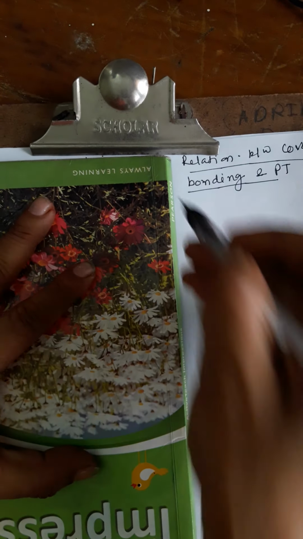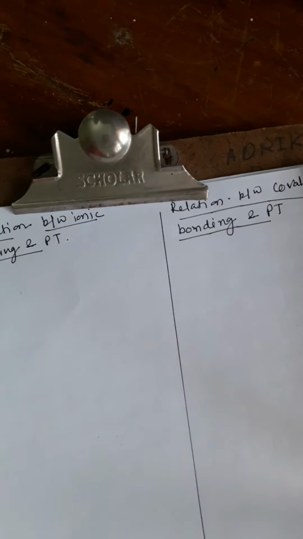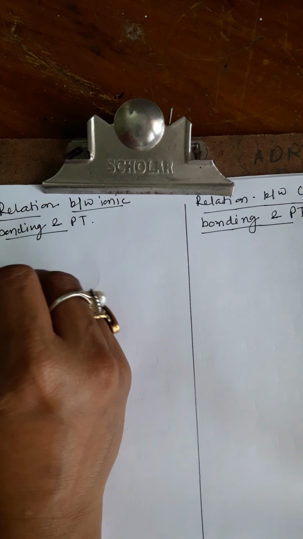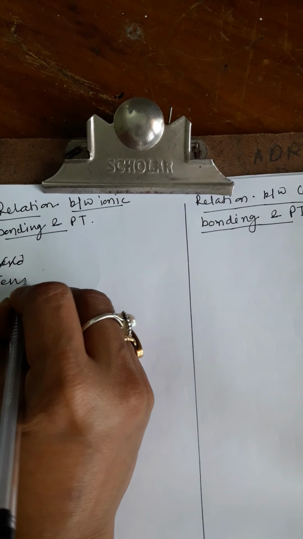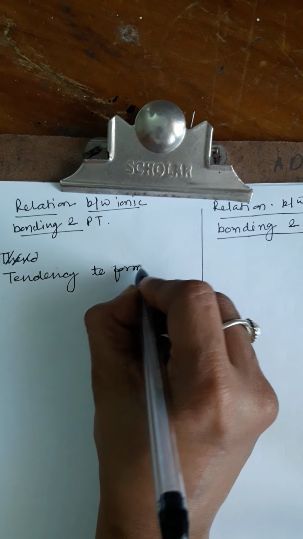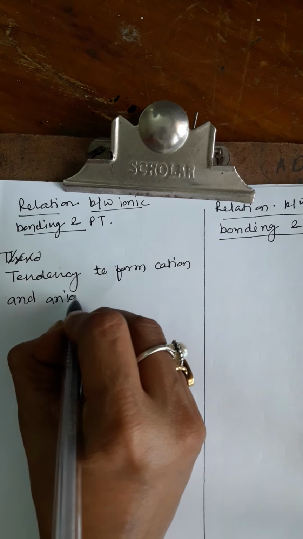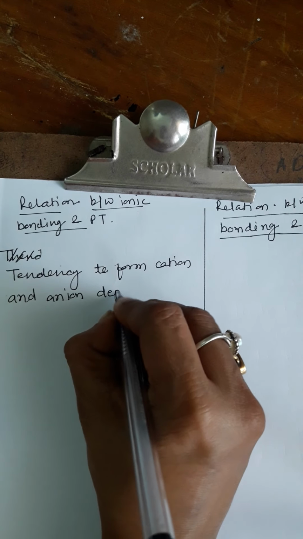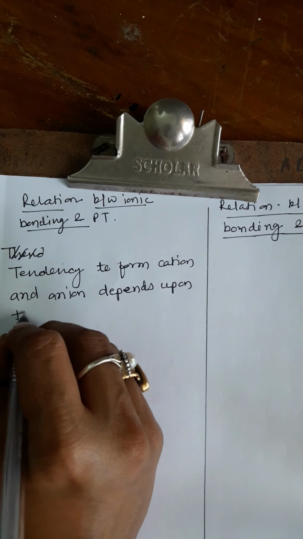We already know, let me make a line. We already know that the tendency to form cation and anion depends upon their position in periodic table.